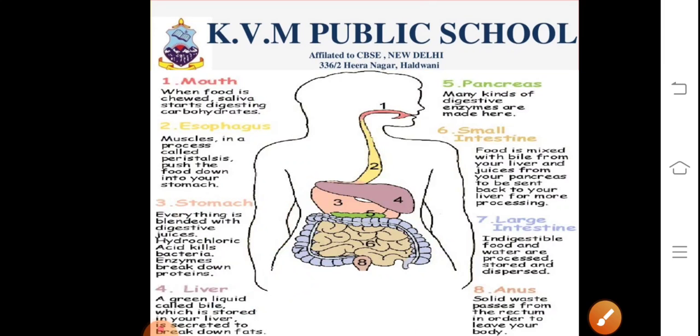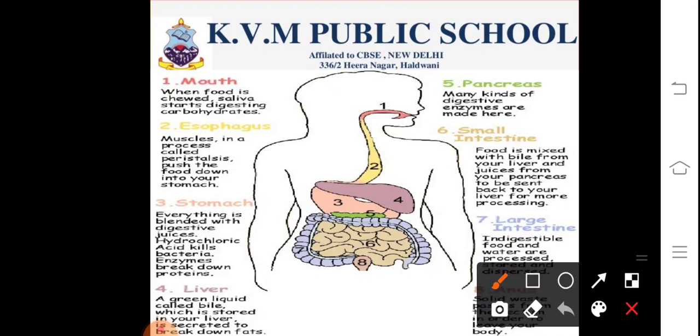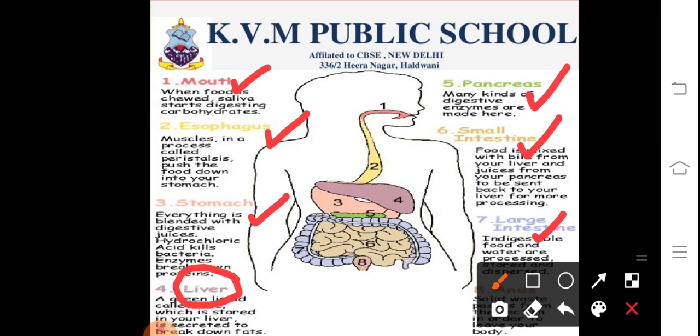Moving on to the detailed discussion on the component parts of the alimentary canal, that is the mouth, followed by other important parts: the esophagus, later the movement of food into the stomach, the gland liver which plays a major role in the secretion of bile, the heterocrine gland pancreas, small intestine, and finally the large intestine and the opening, that is the anus.